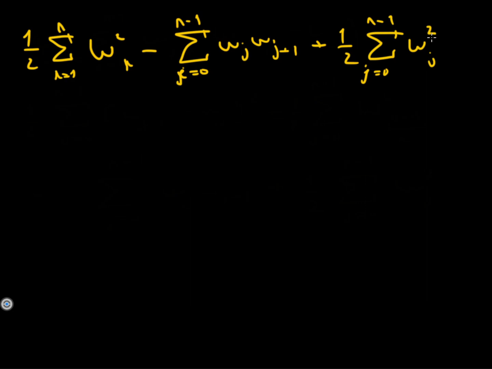Now, what we want to do is start k from 0. So we take out from this 1 over 2 wn squared.